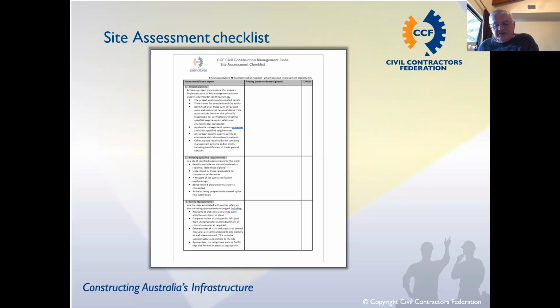Evidence that all risks and associated control measures are communicated to site workers as and when required. This includes subcontractors and visitors to site. That part about subcontractors and visitors to site is poorly done. That can improve, I think. If they're there at the start of the day, then they should be part of your pre-start meeting.